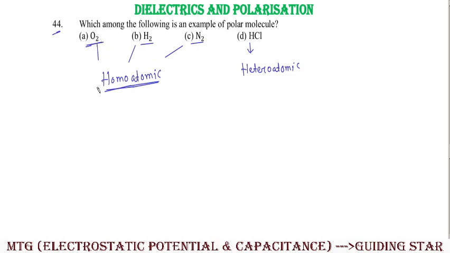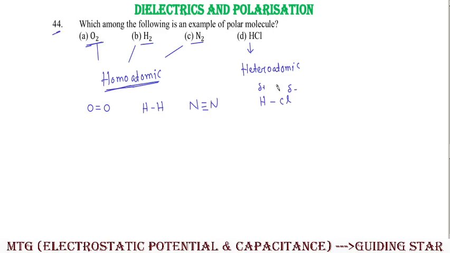And if we look at the molecular structure of O2, that means O double bond O, H single bond H. And if we look at HCl, taking electronegativity, chlorine will be more electronegative compared to hydrogen.